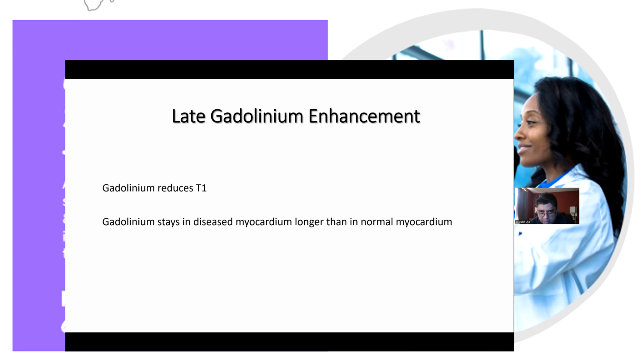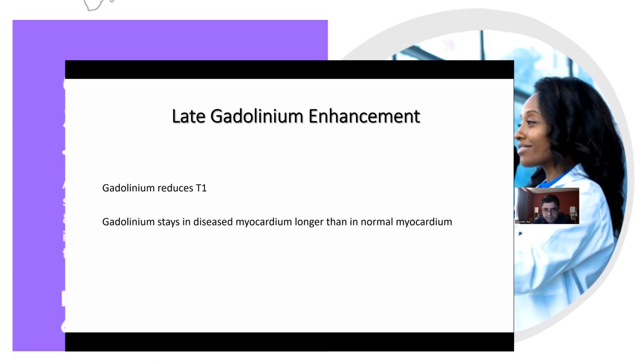There's another interesting principle: if you have injured tissue in the heart, injury from heart attack or from diseases that cause fibrosis or are caused by fibrosis, gadolinium stays in the diseased myocardium longer than it stays in the normal myocardium. In the normal myocardium, gadolinium gets there faster and leaves quickly. Diseased myocardium gets it slower and it stays there longer.